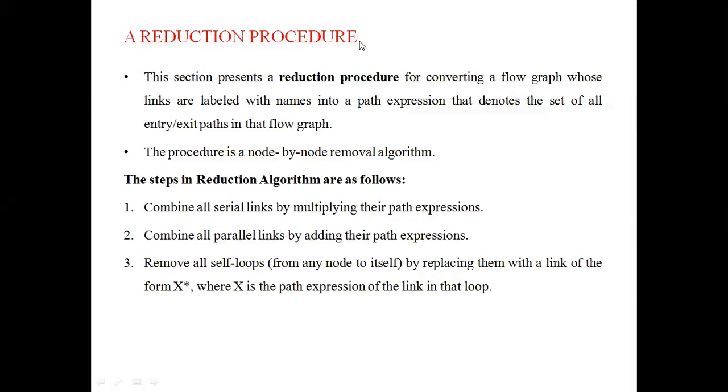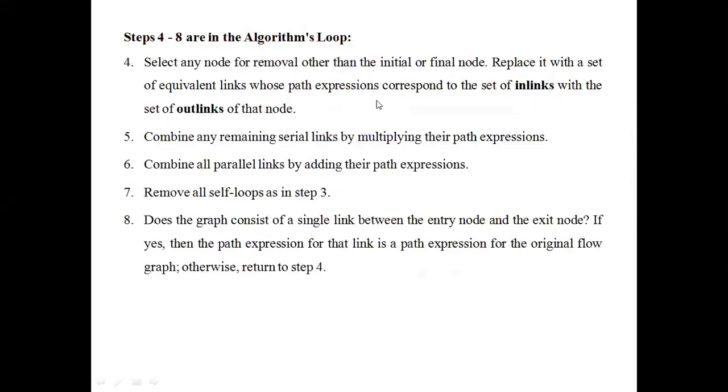Next, coming to the remaining reduction points, first we have to do the reduction process of the node from the last. Generally, we will go from the last to the first. Initially, we should not take the nodes of the entry point and exit point. After the node is reduced, that path expression will be set to the inlinks with an outset of the outlinks of the node.